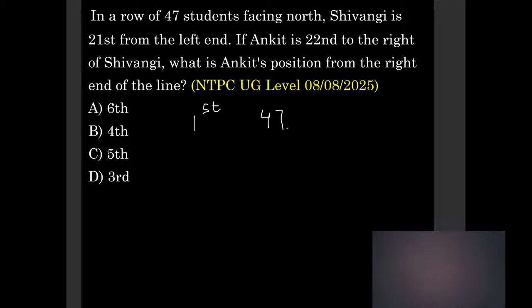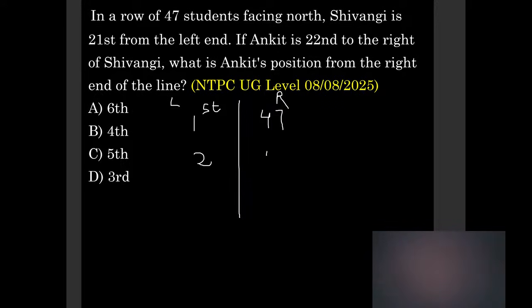If you count from the right hand side, taking 47 as 1, 2, 3, and so on, this first person becomes 47. Just in reverse order, the first person from the left end will be the 47th person from the right end.